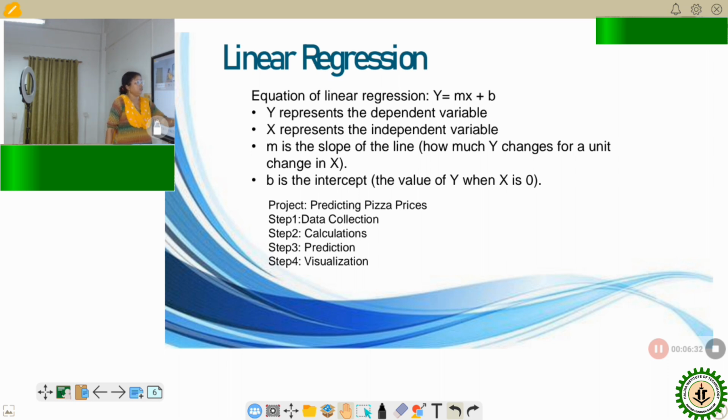And b is the intercept, meaning if x is 0 in this equation, then we get the value of y.